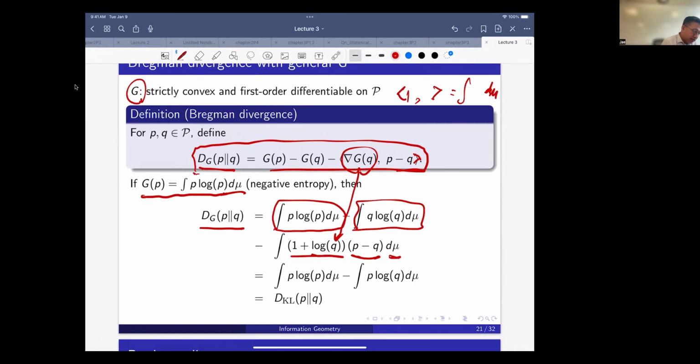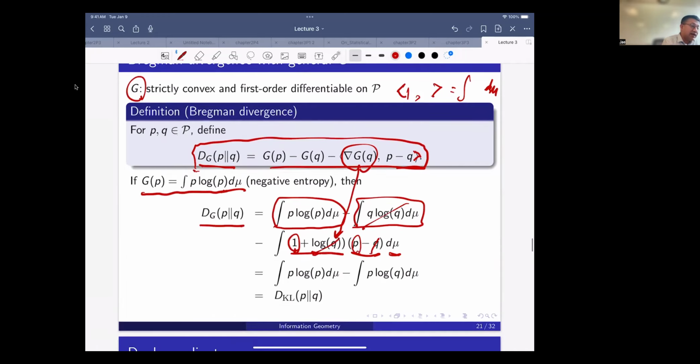Then we have some cancellation. This guy cancels with this, and this one is just a constant, so it goes away. So then only this one is left, right? Which is basically this one. And so you have something like this, which is actually the Kullback-Leibler divergence.